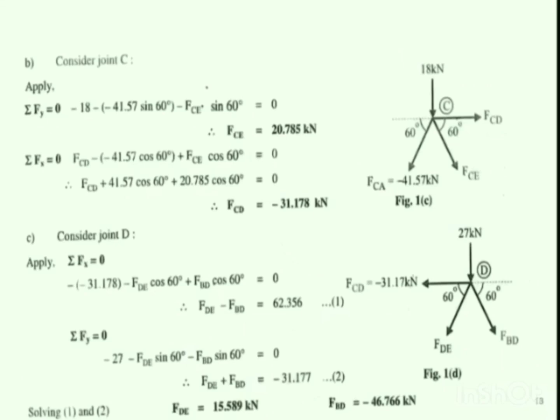So in this way we isolated joint C, we applied the summation Fy equation and summation Fx equation to get the unknown member forces. Similarly, we isolated joint D to get the unknown member forces FDE, FBD.